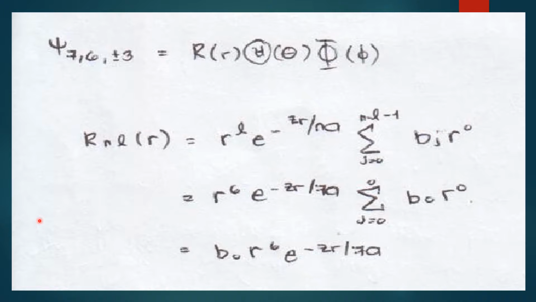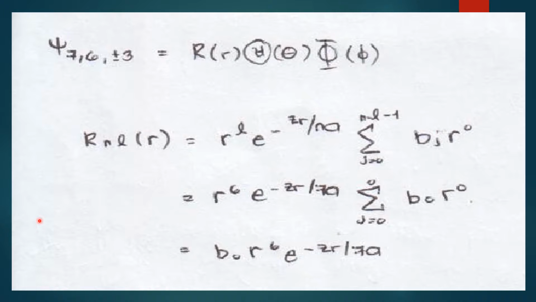Now, let's solve for the radial function using the equation R n l as a function of r is equal to r raised to l, e raised to negative Z r over n a, times the summation of b j r raised to j from 0 to n minus l minus 1.